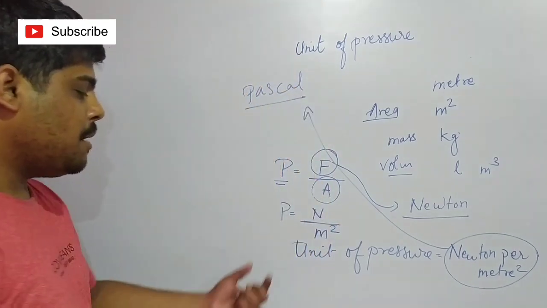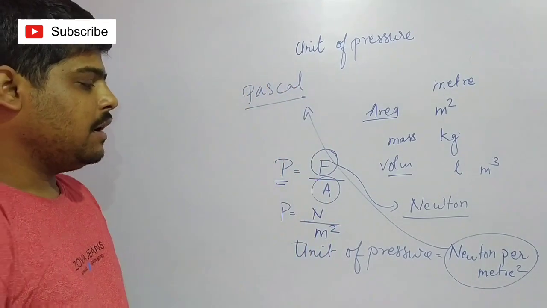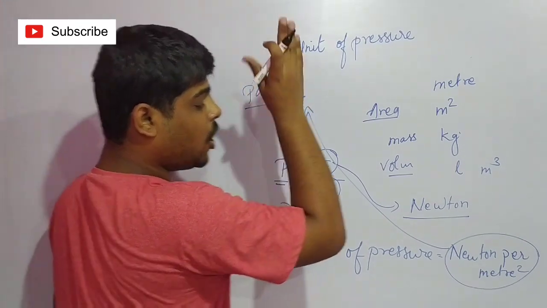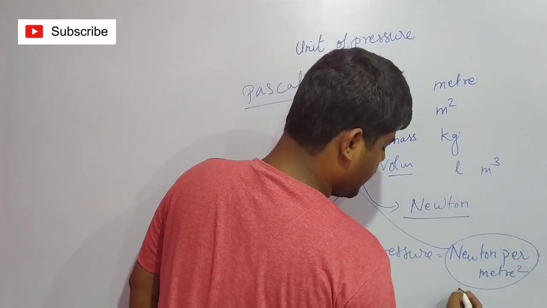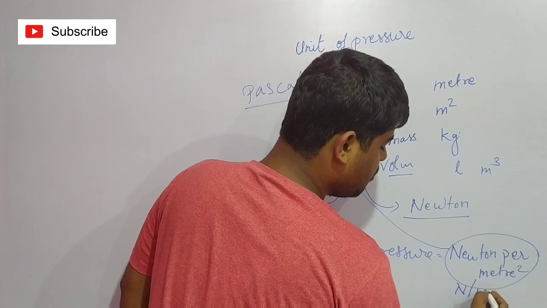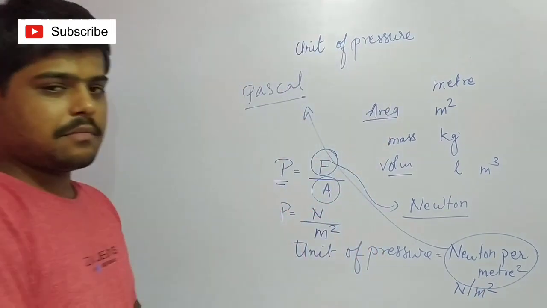So the SI unit of pressure is Pascal or Newton per meter square.